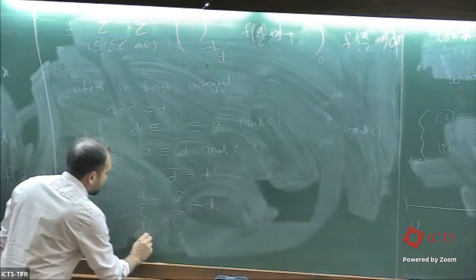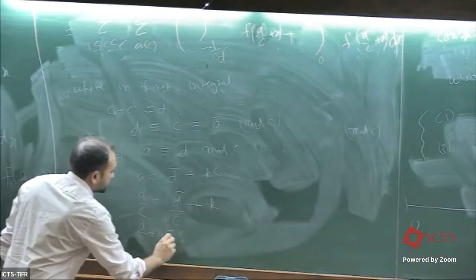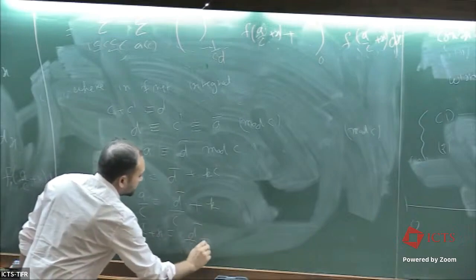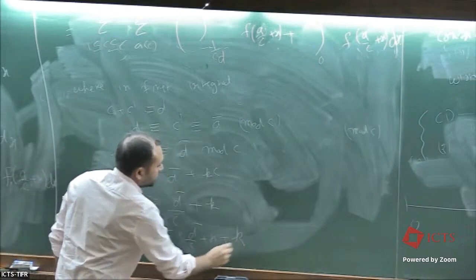So A by C plus x is D bar by C plus x plus some integer k.